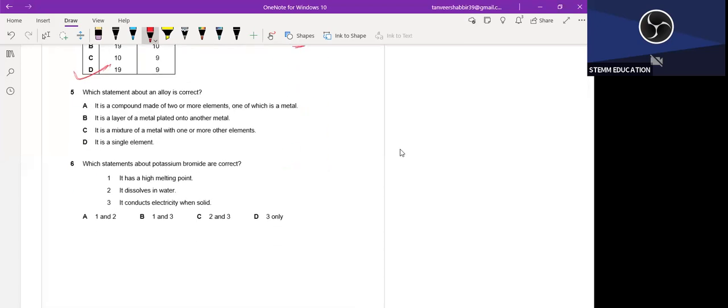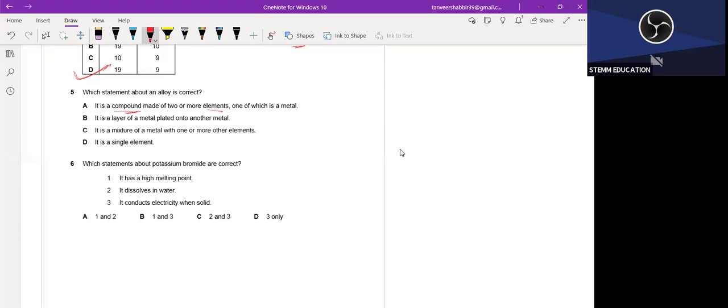Now, fifth question. Which statement about an alloy is correct? First of all, an alloy is a mixture. It is not a compound made up of two or more elements, one of which is a metal. Alloy is not a compound, it's a mixture.